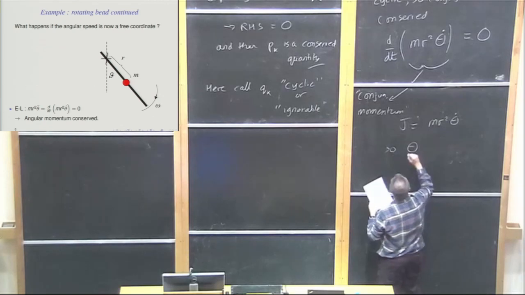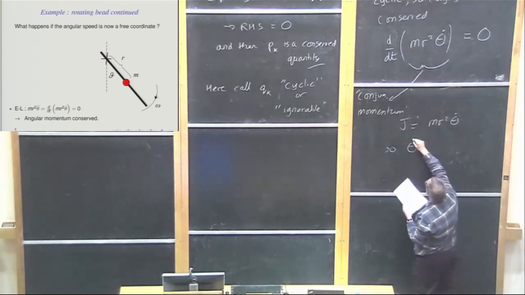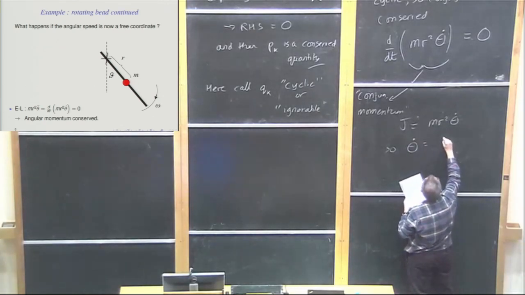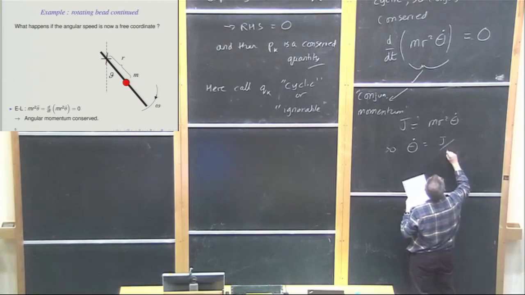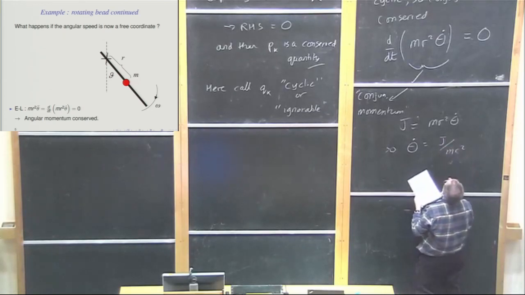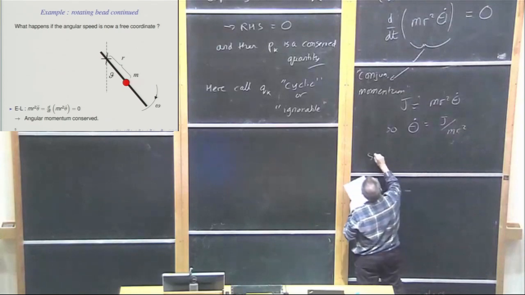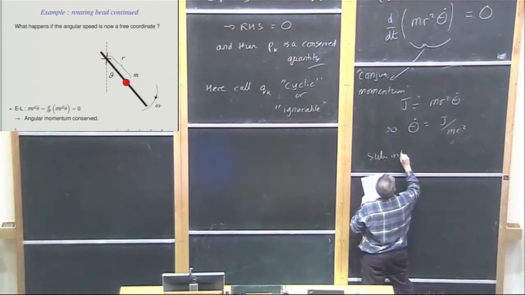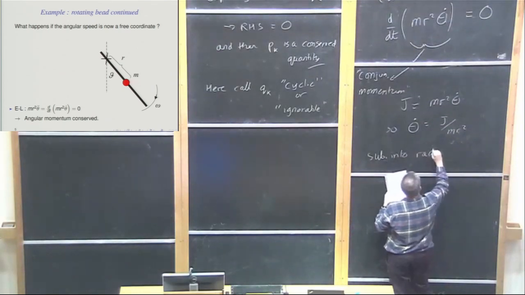As we did when we were considering orbits many, many times, we can write, therefore, θ̇ as J, some constant, divided by m r², and we can sub this into the radial equation.